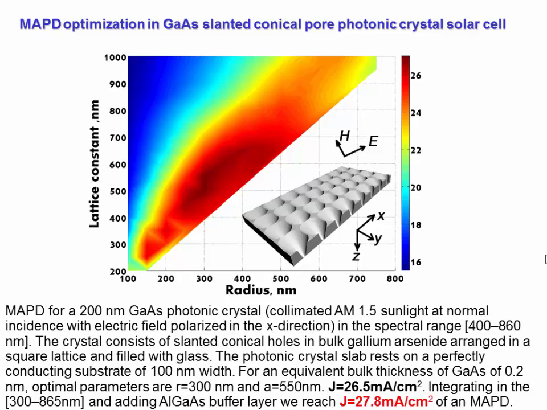It's encapsulated with air in this case, and we can obtain the MEPD of 27.5 milliamps per square centimeter, as you can see here. But if we add certain modifications, such as an aluminum gallium arsenide layer or also some passivation, then we can obtain a MEPD of 27.8 milliamps per square centimeter, which corresponds to almost 90% of all available sunlight.